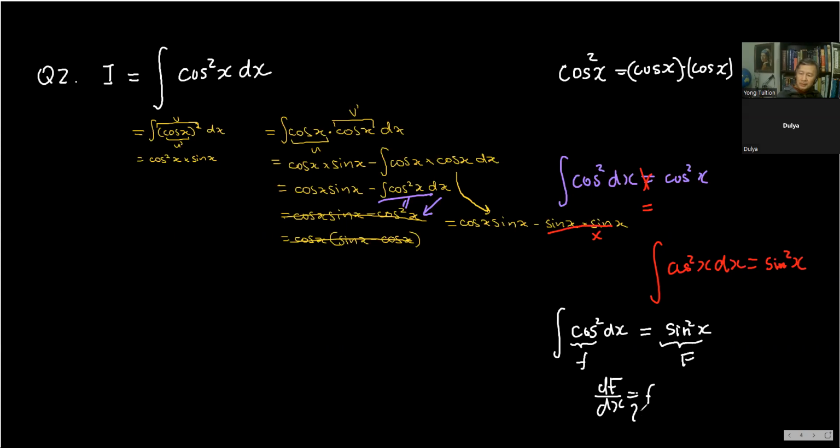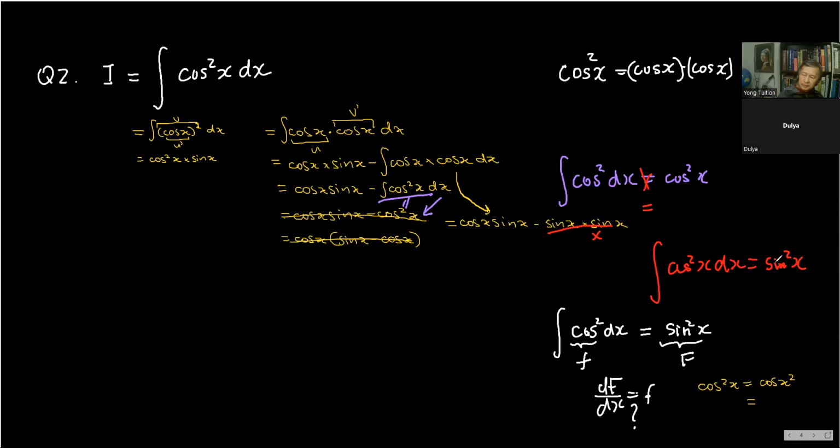So this is the question. In our case, cos squared x is also the same as, right? Go on. What does it mean?